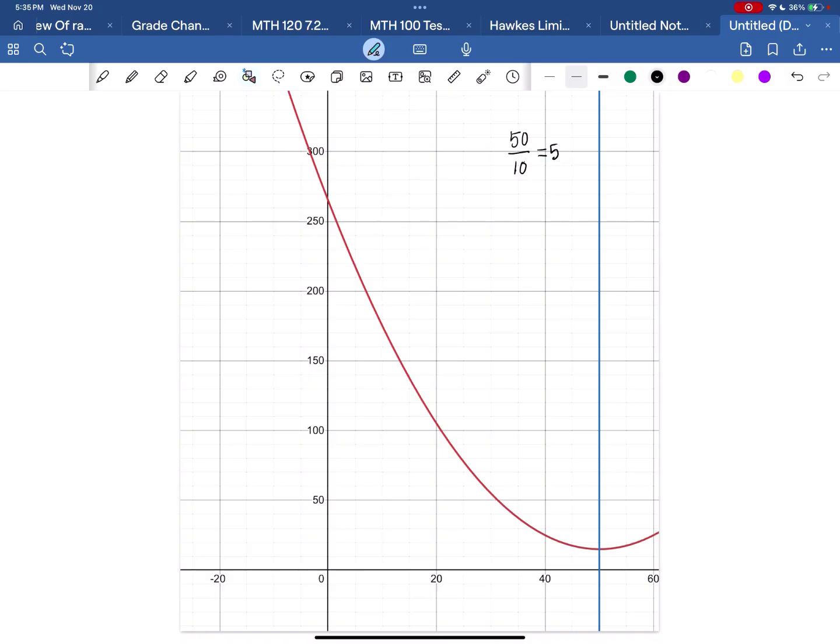So let's see, here's 10, 20, 30, 40, and here's 50. Now we're doing rectangles, so here's my first rectangle right here.